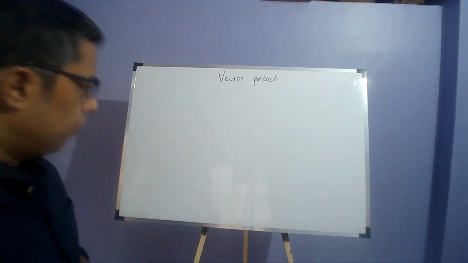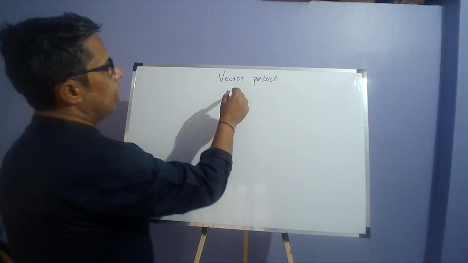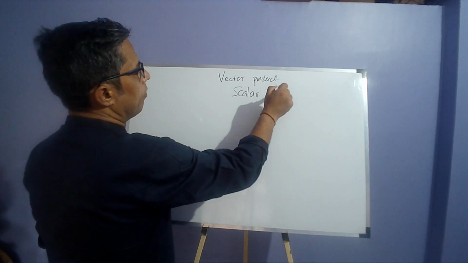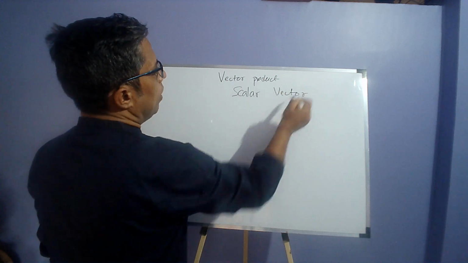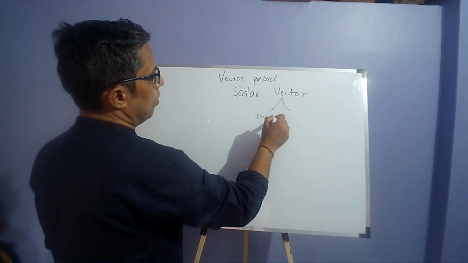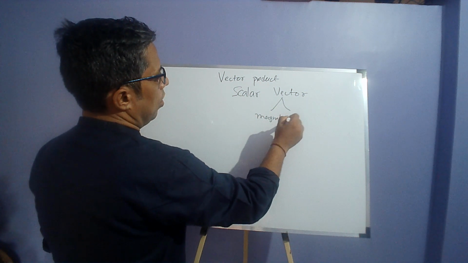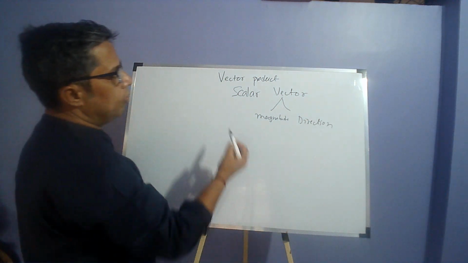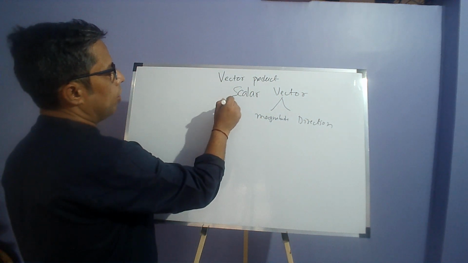Okay. So for vector, as you know, we have two parts, right? Scalar and vector. Vector means having both magnitude and direction. Scalar, we don't have those things, like mass.